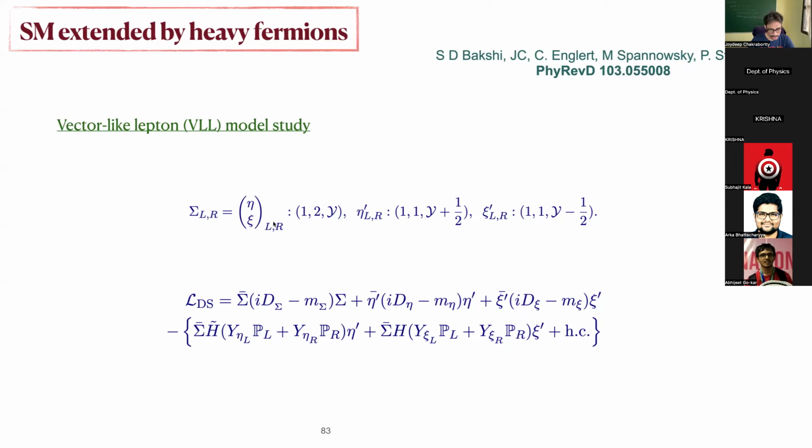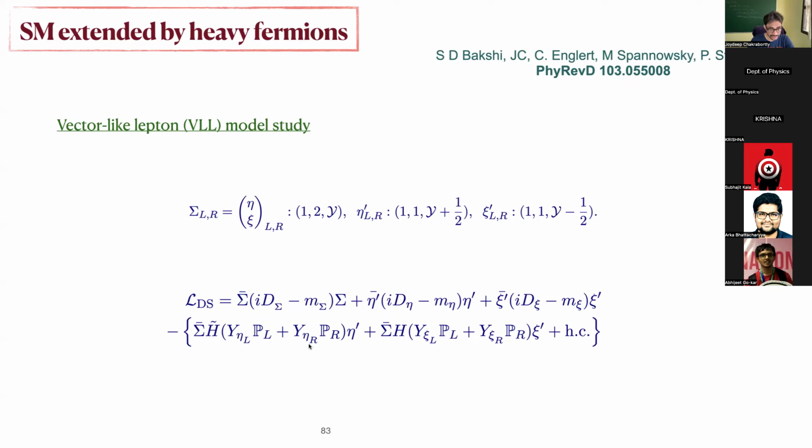Now, you write down this Lagrangian, and we are focusing on that part of the Lagrangian which is relevant to us. These are the kinetic terms, and now these are the Yukawa sector. The Yukawa sector has the heavy fermions, and this is the standard Higgs. Now you can see, if there is no CP violation, that means basically your y_ηL and y_ηR are exactly the same.